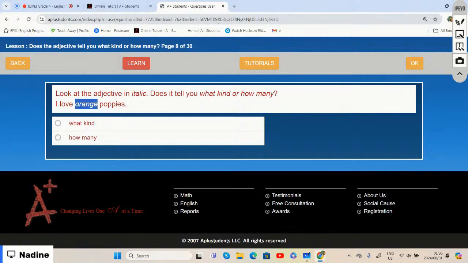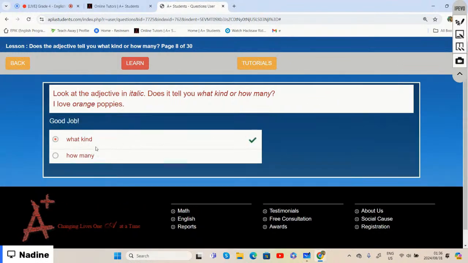If we were to choose the correct option, we would say I love orange poppies, and that tells us what kind of poppies. So what kind of poppies? Orange poppies. So we're choosing option one, which is what kind, because it asks the question what kind of poppies. So now you answer by saying orange poppies. So what kind is correct. Well done.